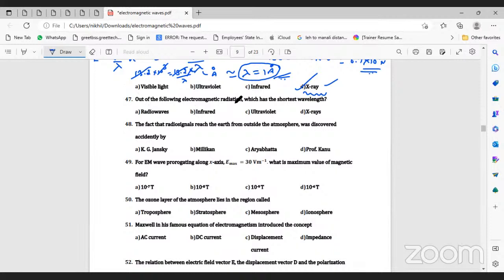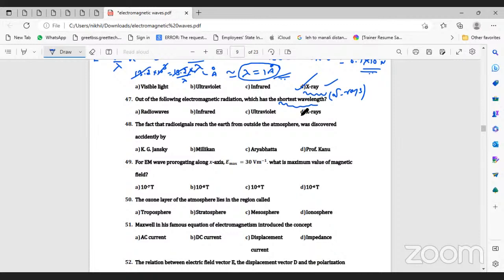Out of the following electromagnetic radiation, which has the shortest wavelength? You know that the shortest wavelength is for gamma rays. But in the options, they have not given gamma rays.